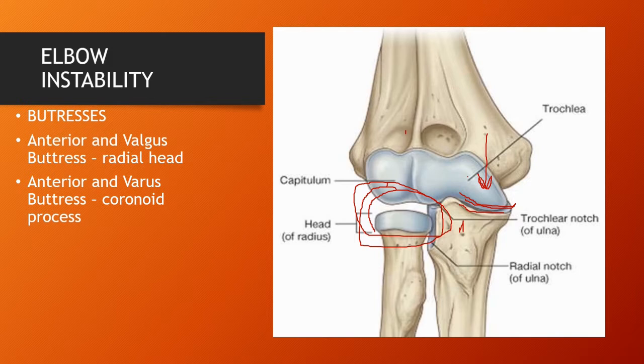So if this is the anterior aspect of the right elbow, this is lateral, this is medial, and so the buttressing against varus forces is when the lower forearm is forced in a direction opposite the upper humerus bone, which would then cause an opening on the lateral aspect of the joint.